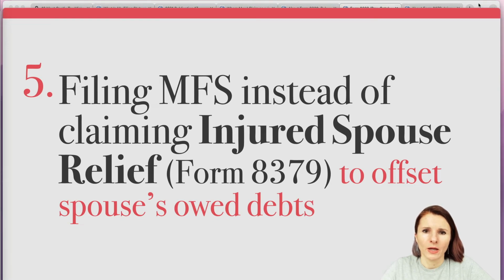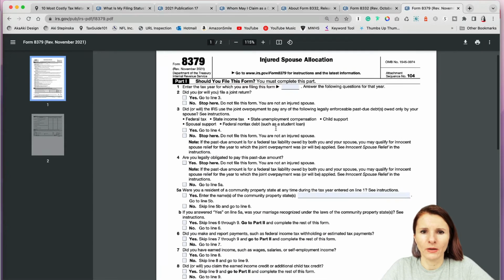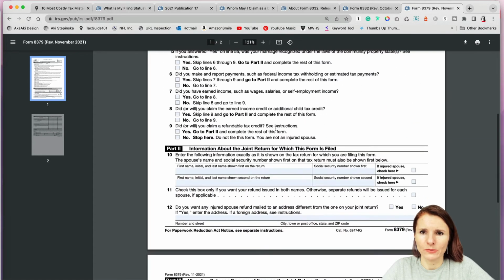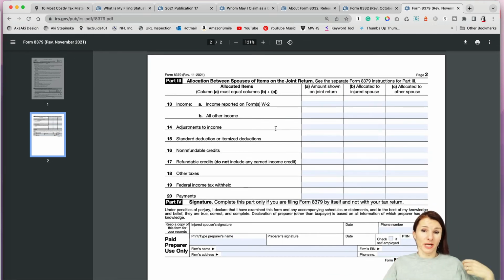So what happens is, let's say you're filing with your spouse and one of you has some debts outstanding with the federal government from the past, and so you should receive a refund, but your refund will be taken and used to pay off the debts. The entire refund would be taken if you're filing together, married filing jointly.